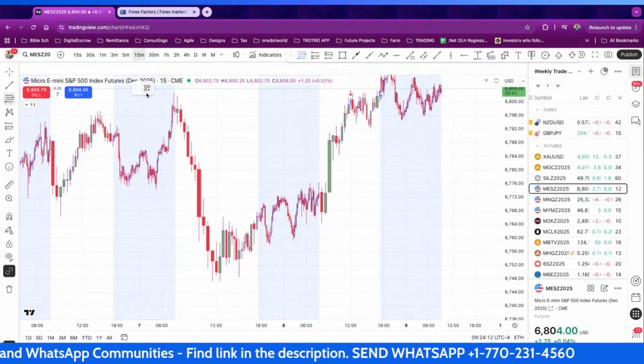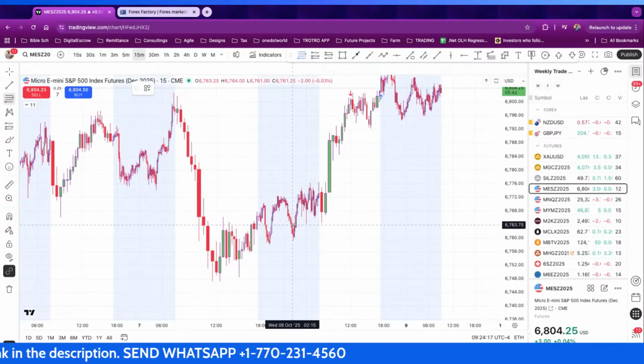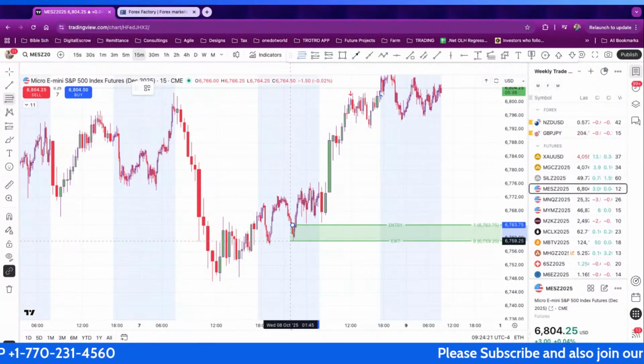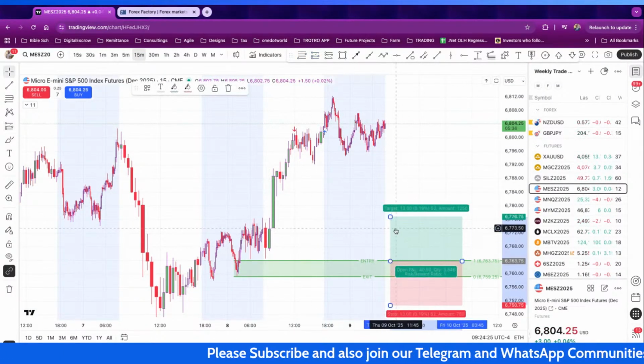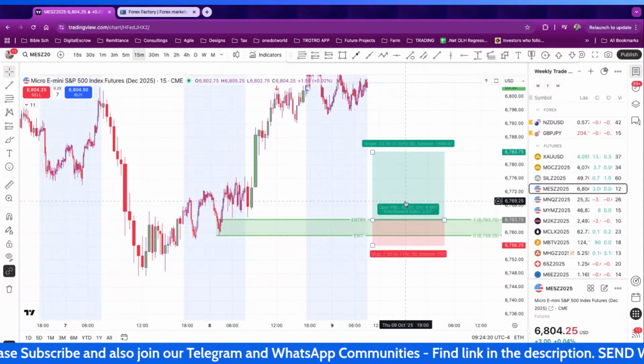This is where my demand is going to be from. I've got one zone right here. So this is where I'll likely be picking up from the futures market.